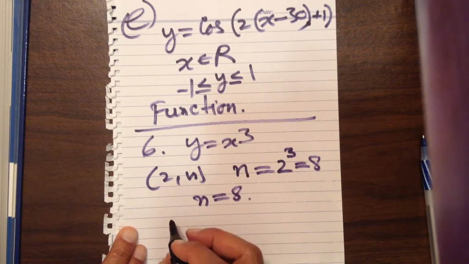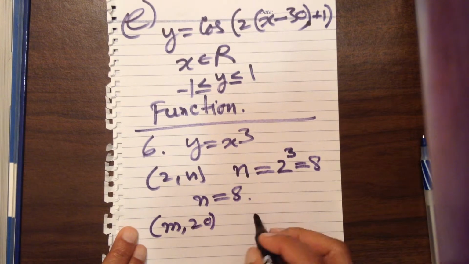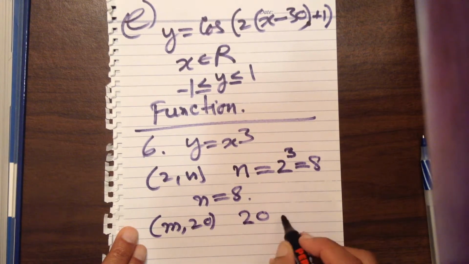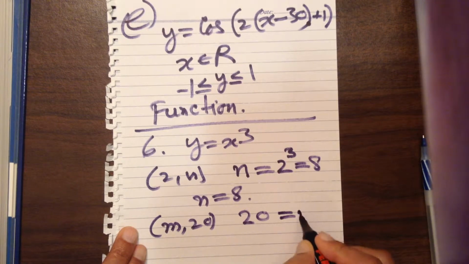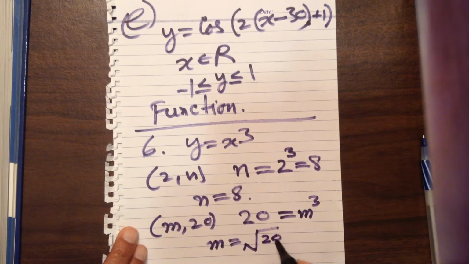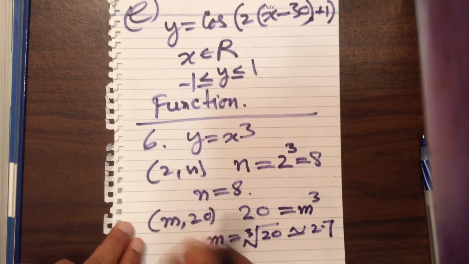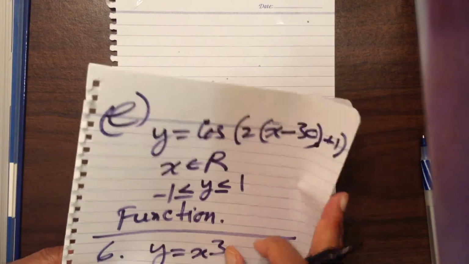The second part is (m, 20). So here we put 20 for y and m for x. So this would be m cubed. Therefore m is equal to the cube root of 20, which is approximately equal to 2.7.